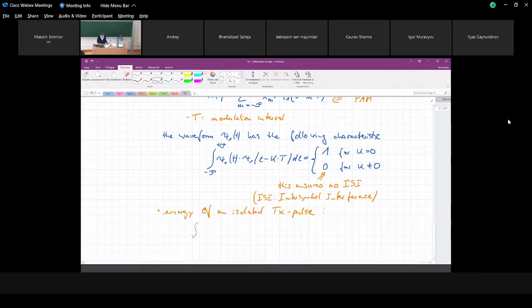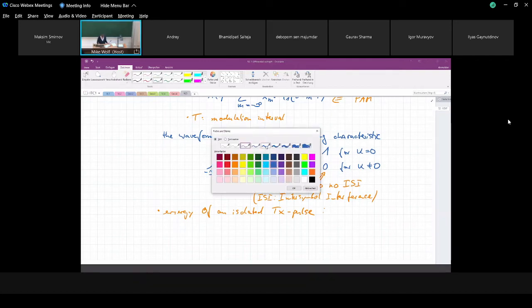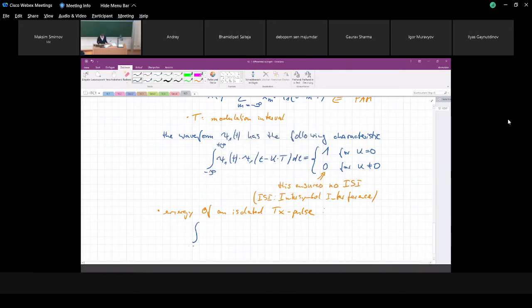This is an isolated impulse: the integral from minus infinity to plus infinity of x_m times psi1 of t minus mT, but this is just one m, one isolated pulse, the mth pulse. Could be m equal to 0, for instance. dt, and this to the square. This is the energy, right?